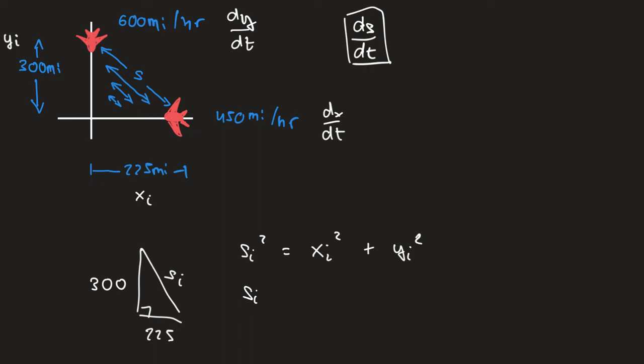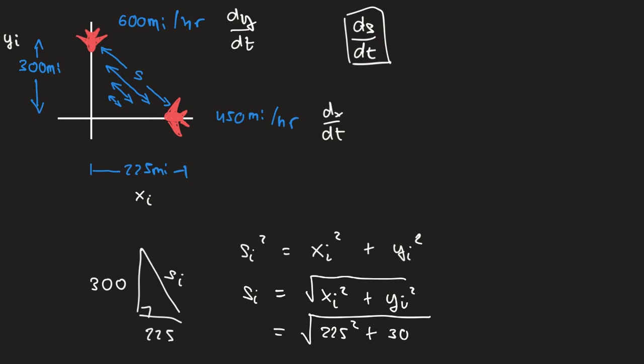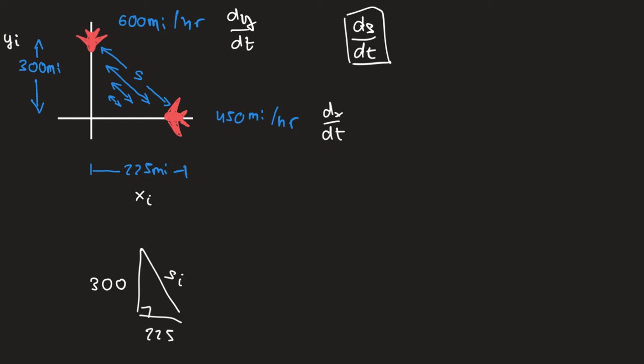To solve for s initial, we just take the square root of x initial squared plus y initial squared. If we plug in the values, we have 225 squared plus 300 squared, which gives us 375 miles for s initial. I'll get rid of this to make some space. Let's label this 375 miles.